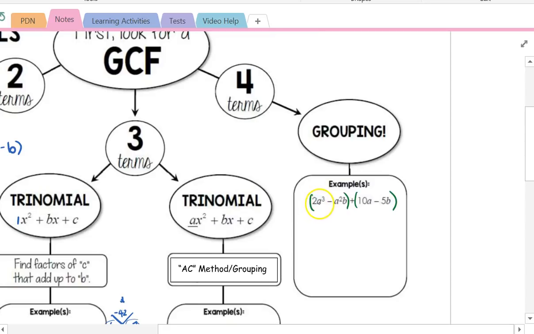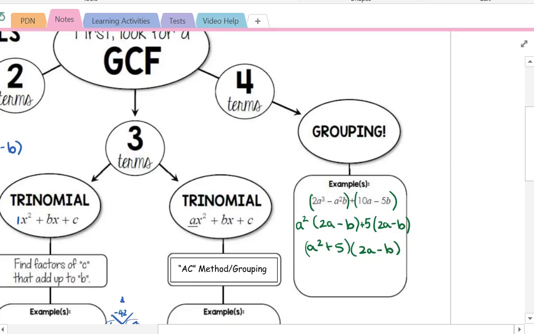This has an A to the third, A to the second, so I'm going to take an A to the second, and I should be left with 2A minus B. And over here, 10 and negative 5, I have a 5, positive 5 that I'm going to take, and I'm left with 2A minus B. I know I did it right because my 2 parentheses terms match. So A squared plus 5 times 2A minus B.